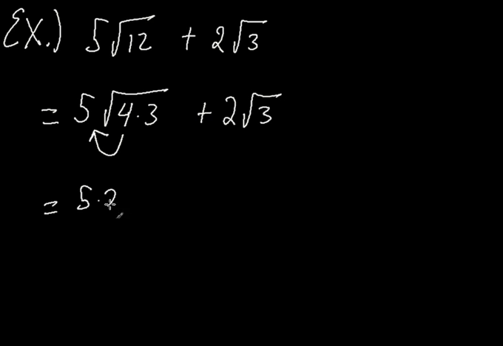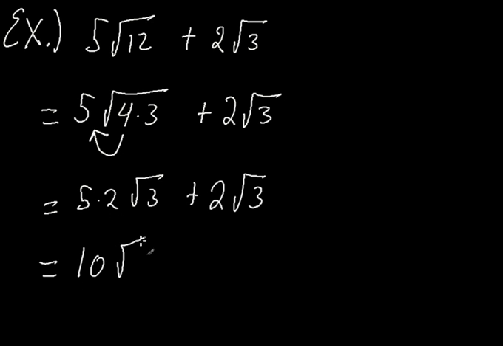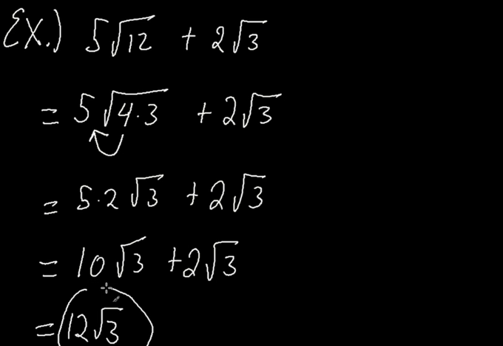So I have 5 times 2 root 3 plus 2 root 3. Simplifying 5 times 2, that's 10 root 3 plus 2 root 3. I have 10 of these and 2 of these, so I have 12 of these. That would be the final answer. So you can add square roots if they have like terms in this way. Otherwise, I can't do anything.